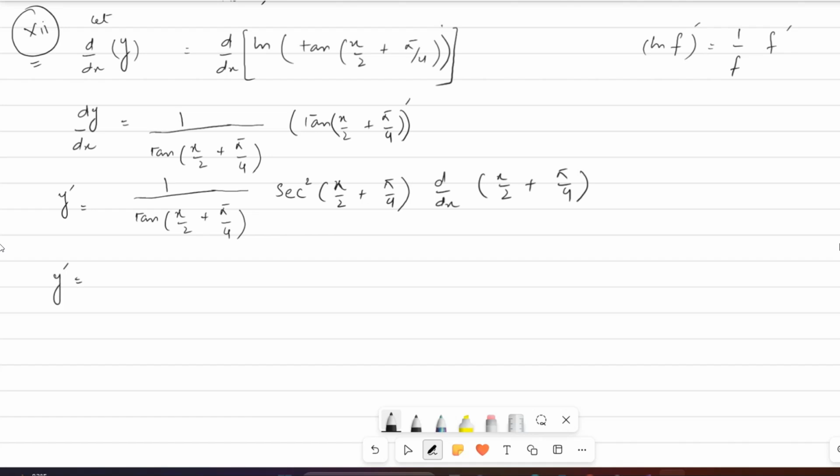So y dash: the derivative of x by 2 is equal to 1 upon 2, and pi by 4 is equal to 0.